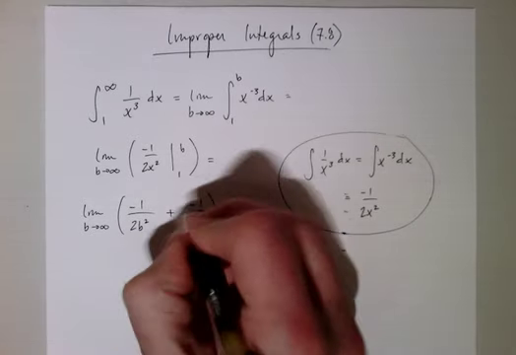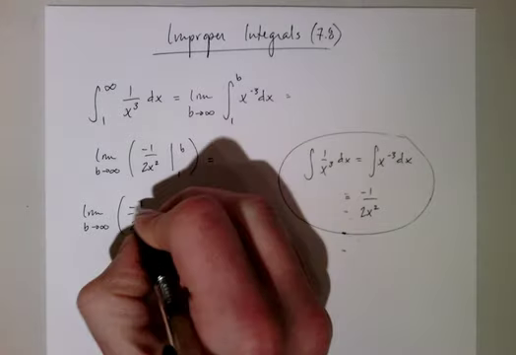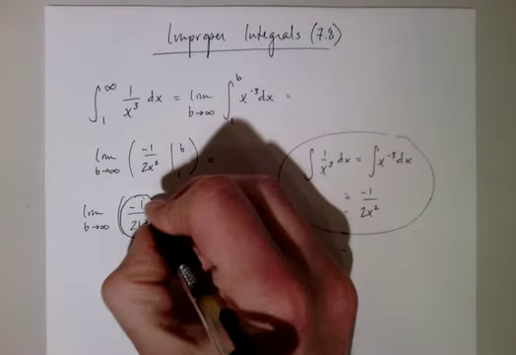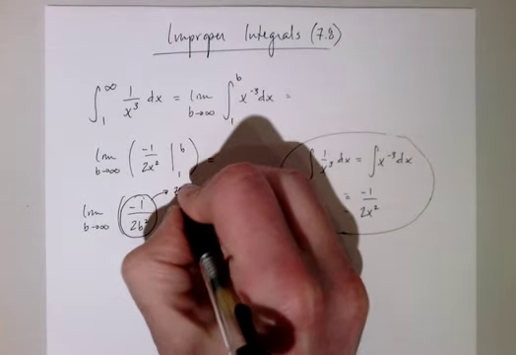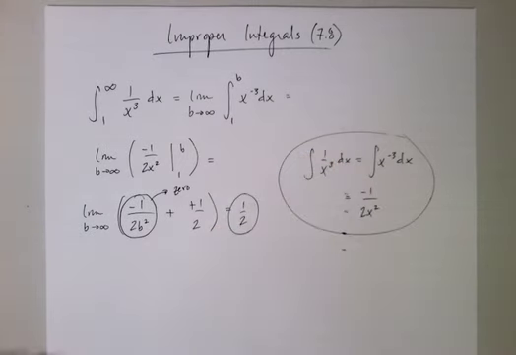Of course those negatives will cancel out. Well, what happens to this term as b approaches infinity? This goes to 0, and therefore the limit goes to 1/2. So we actually do have an area that has an infinite interval, but a finite area.